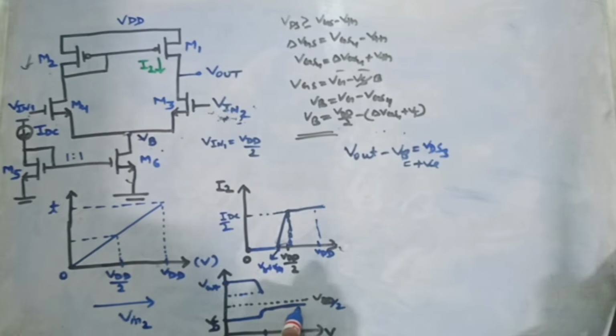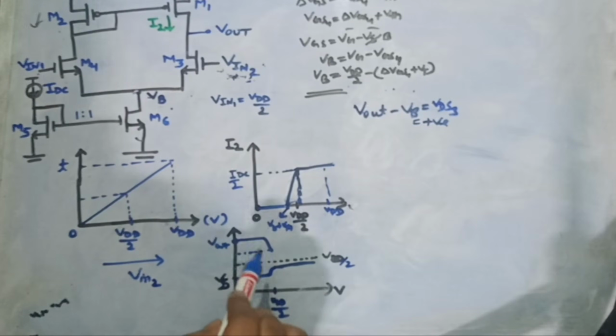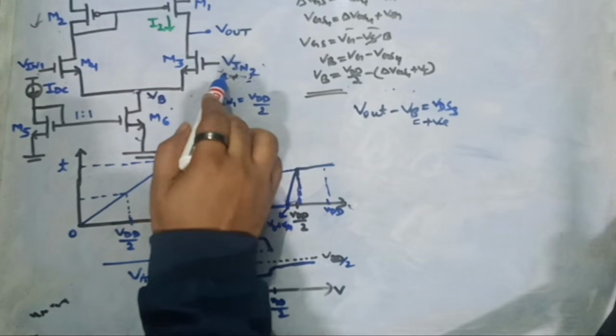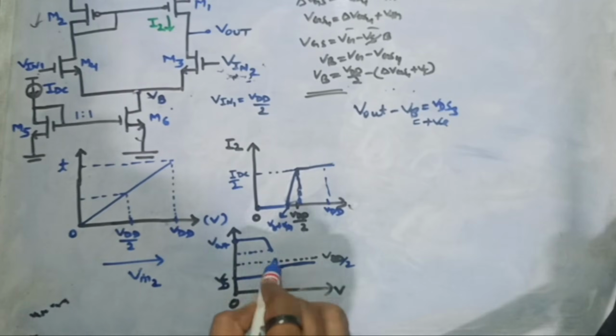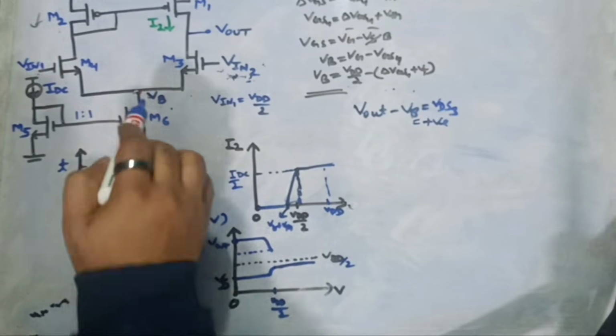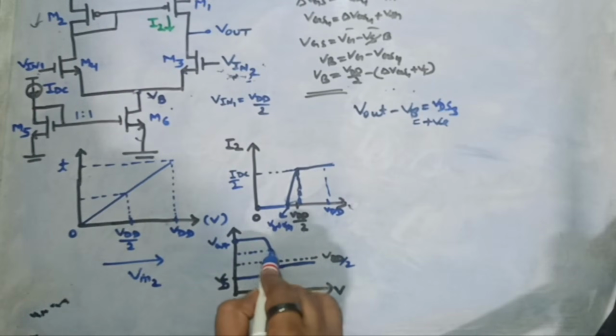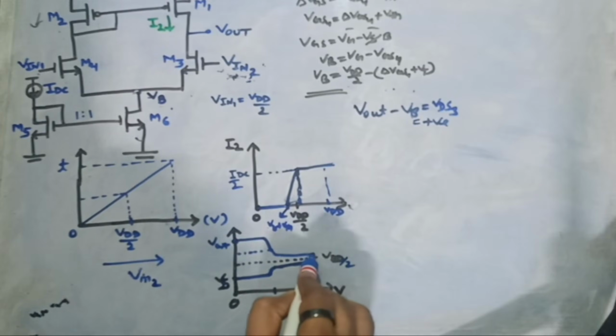If you compare Vout at VDD by 2, whatever value we are getting, we will get less than that when my Vin2 is sitting at VDD, but it will still be more than what VB is sitting at. So Vout will drop, but it will still be higher than VB potential.